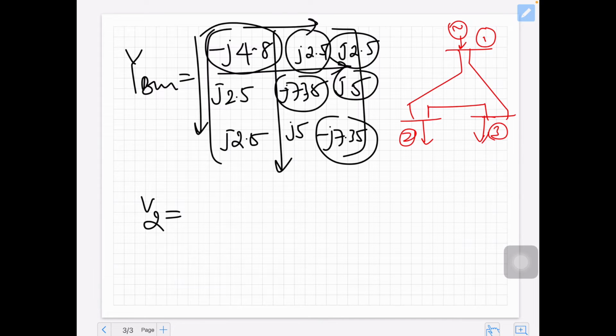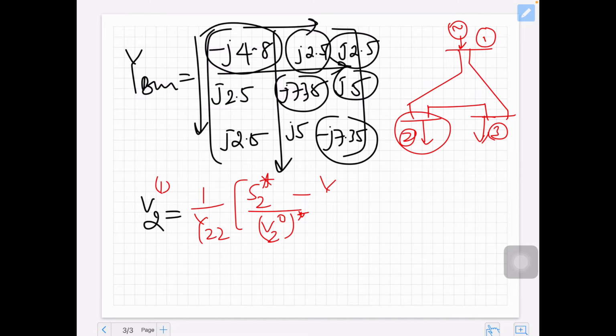Using this information, you can write V2 at the end of the first iteration as 1 divided by Y22 into S2 conjugate divided by V2 conjugate, with k equal to 0, minus Y21 V1, the slack bus, minus Y23 V3 at iteration 0.